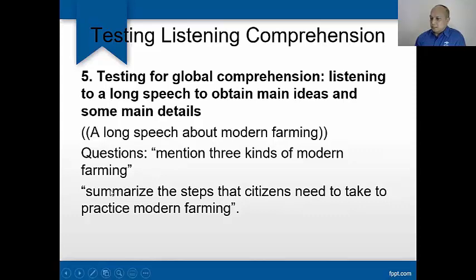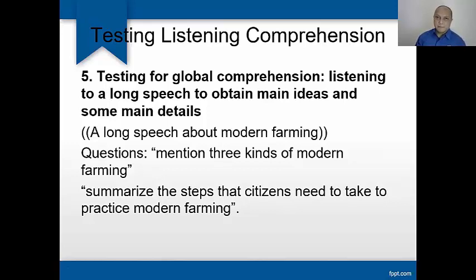And the next question would be, summarize the steps that citizens need to take to practice modern farming. So these 2 questions will ask the test takers to produce written responses in their answer sheet.